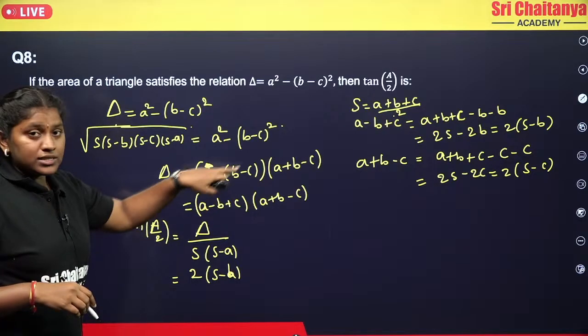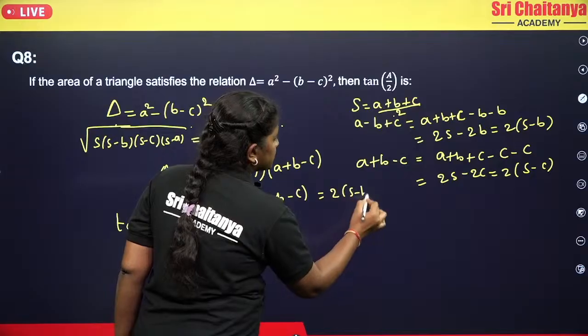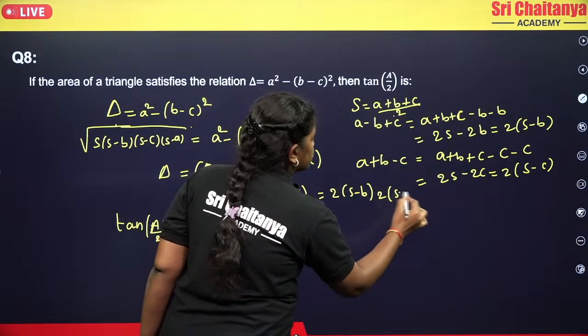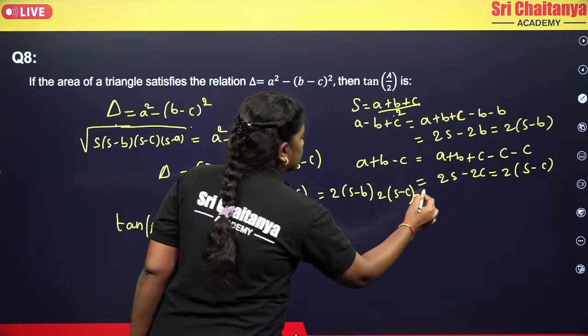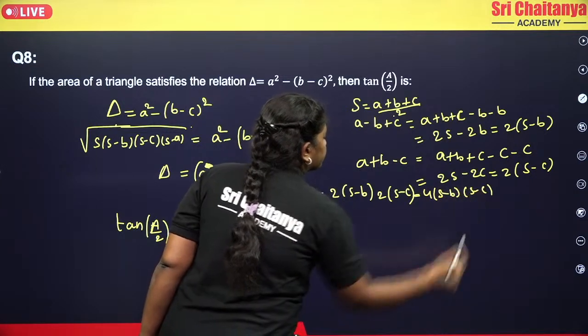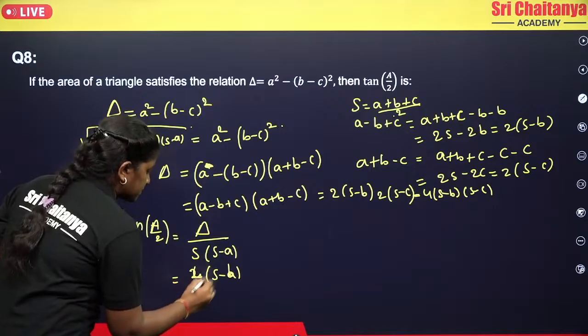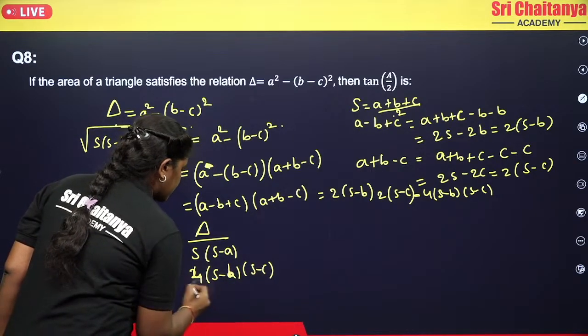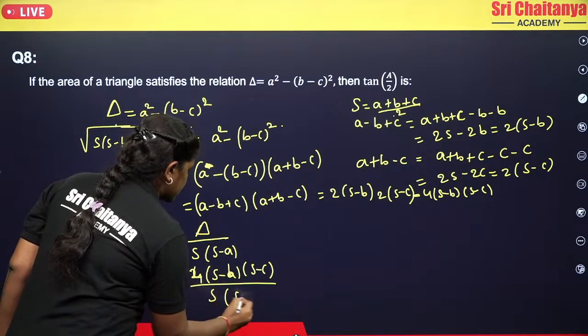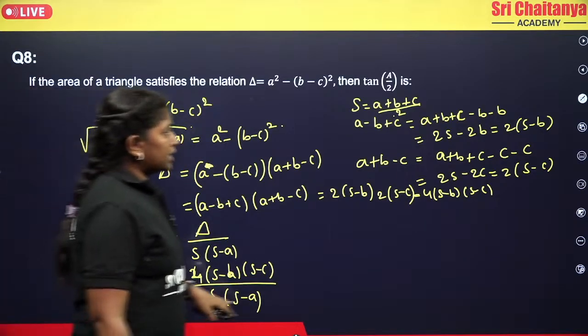And on simplification, we got 2 into s minus b into 2 into s minus c. Okay. So further we got 4 into s minus b into s minus c. Clear? Now here we got 4 into s minus b into s minus c by s into s minus c. Clear? So here we will get our tan A by 2.